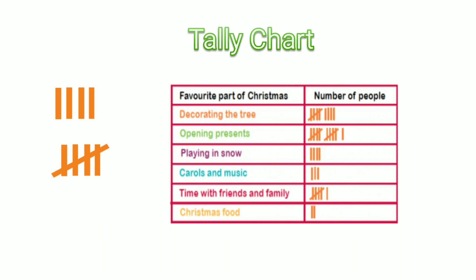Here one vertical line is made for each of the first 4 numbers, and the 5th number is represented by a diagonal line across the previous 4 lines. Here in the box you can see a tally chart.